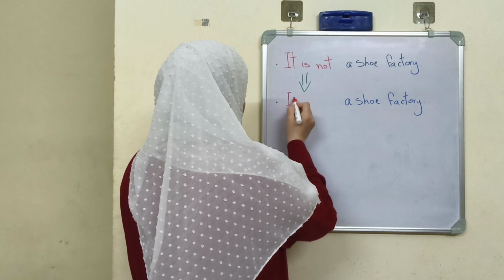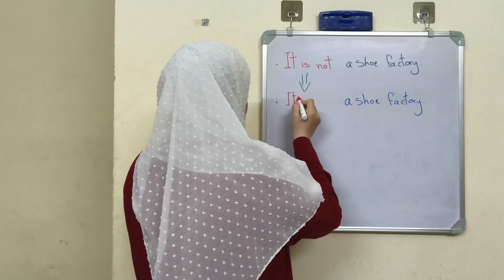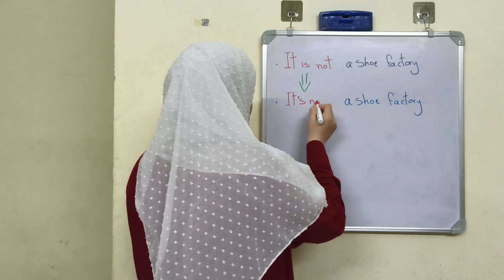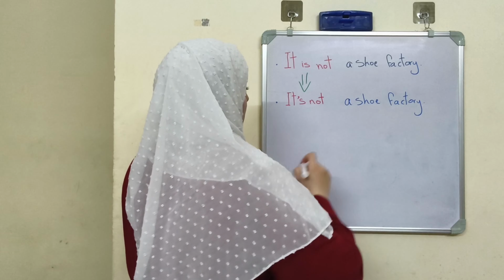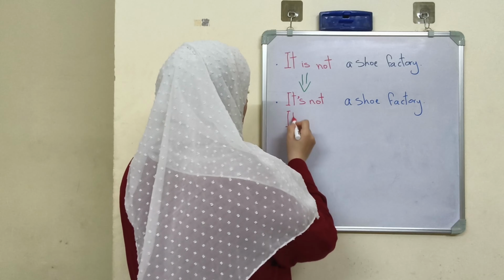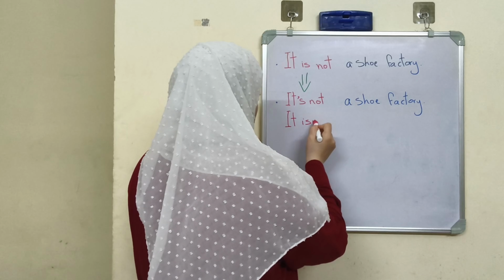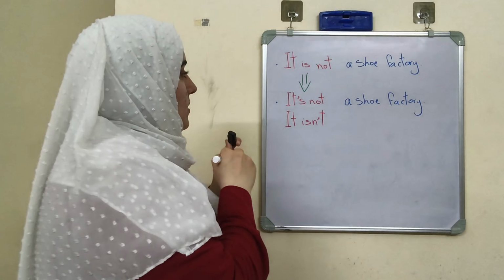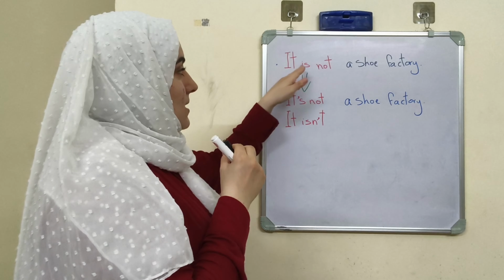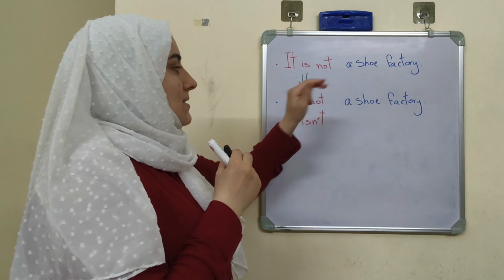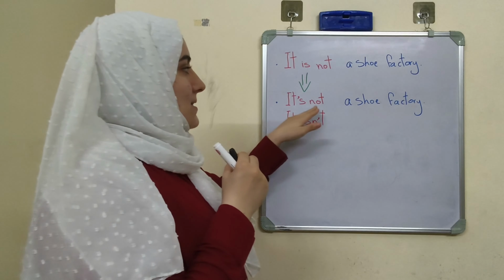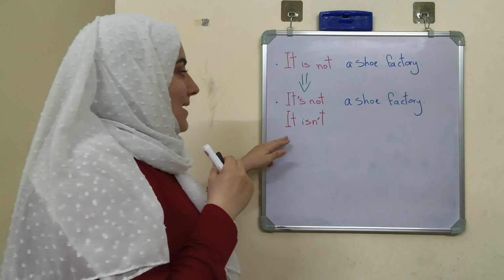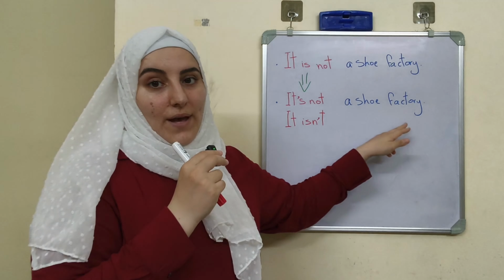We can say it's not a shoe factory, or it isn't. So you either contract it is or is not. It's not a shoe factory, it isn't a shoe factory.